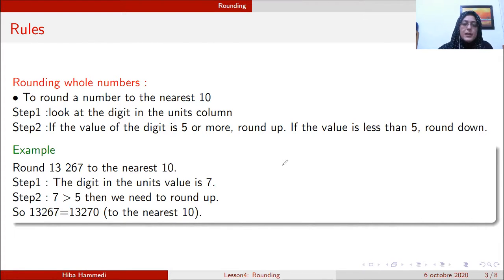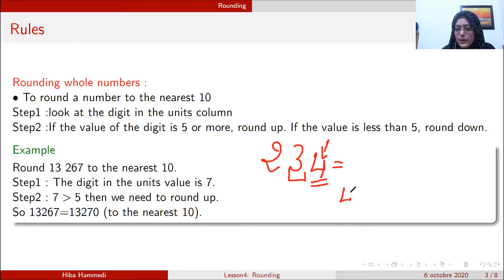All right, imagine I have this number, 234, and I would round this to the nearest 10, right? First, this is the value of the tens, and this is the value of the units. I need to focus on the value of the units. The value of the units is 4. Is 4 more or less than 5? Well, it's less than 5.